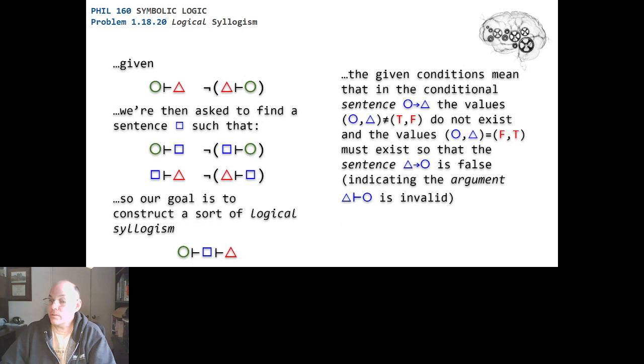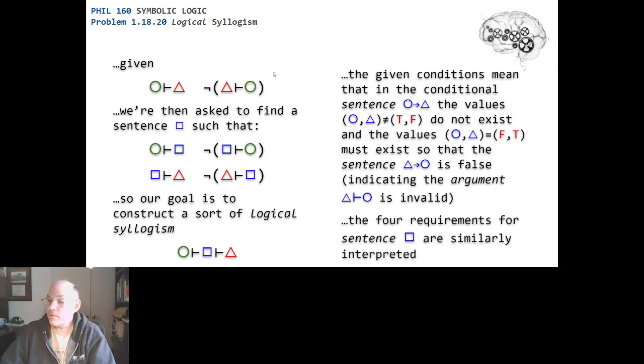Given the condition circle, therefore triangle, or rather circle only if triangle, the values of T and F don't exist. We saw that in the previous slide. But we also know that the values of F and T must exist in order to meet the second condition.